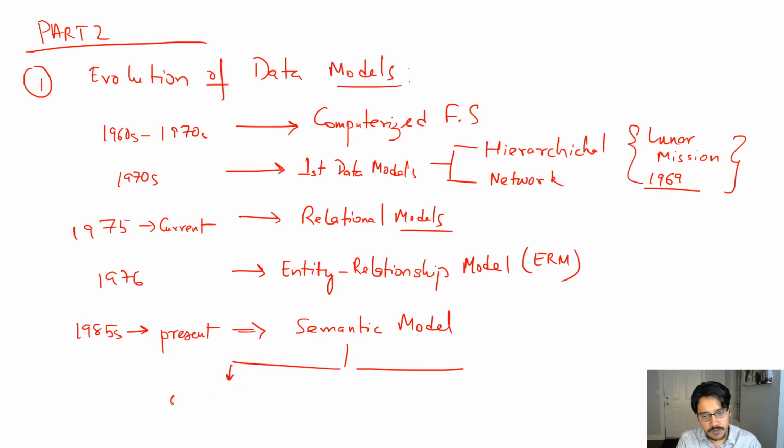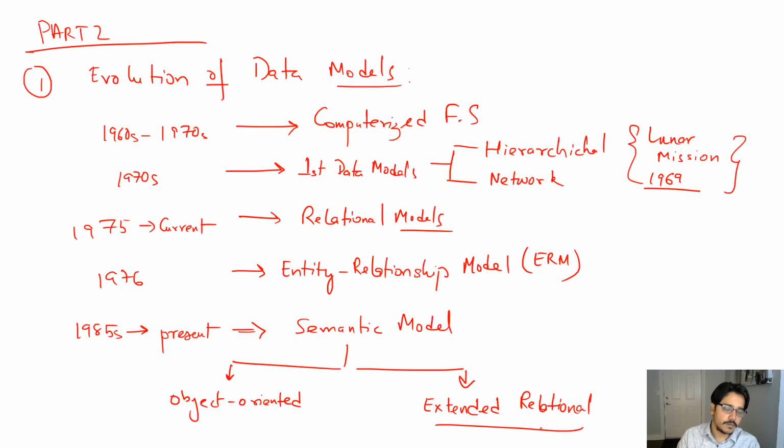The first one was object-oriented, and the second one was the extended relational. Okay, so this is basically the nature of the evolution of different data models.